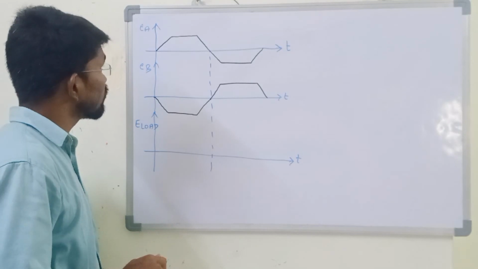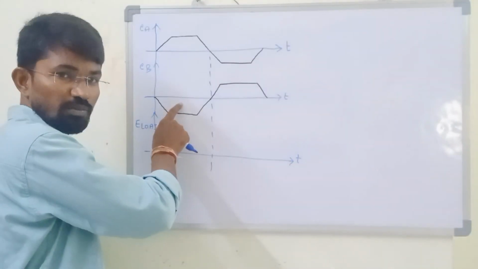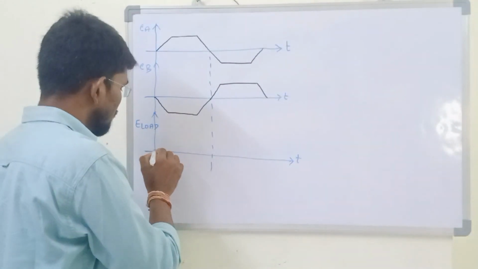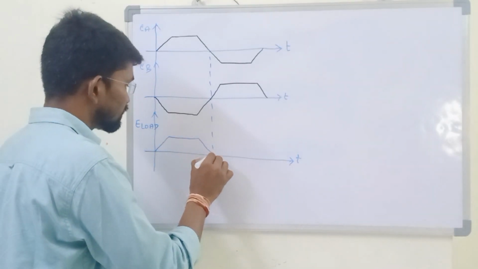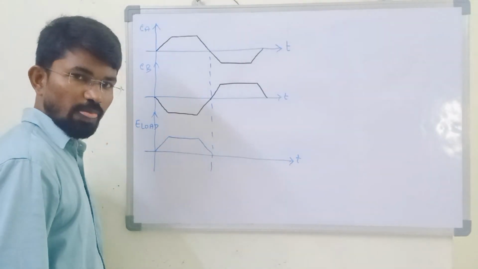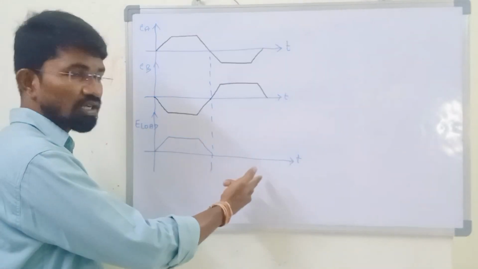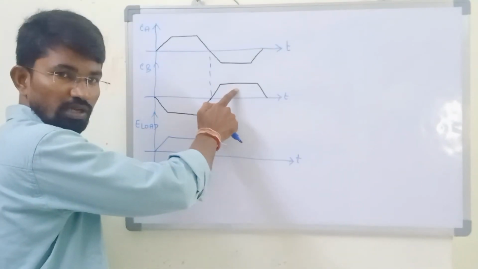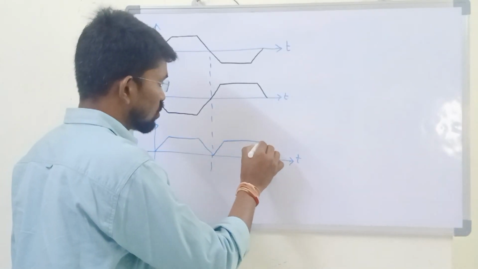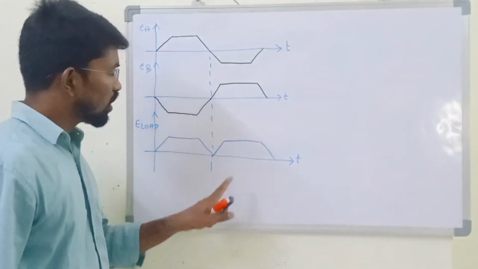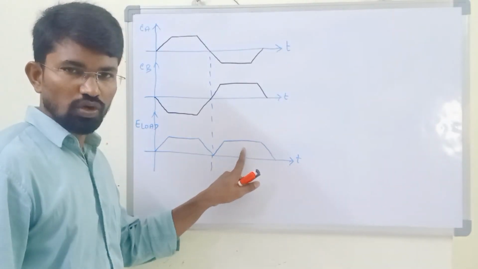In the output, both conductor A voltage and conductor B voltage will be added. That means the total voltage is 2E here. The output voltage is 2E. After 180 degrees also, the conductor A and conductor B voltages will be added, and that is also 2E, and the polarity of that output voltage is not going to change.